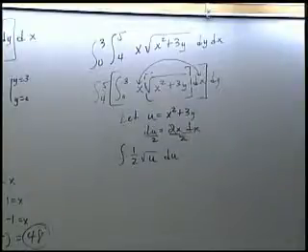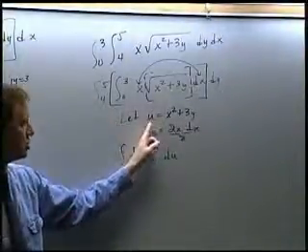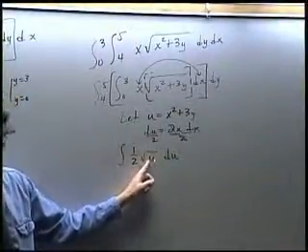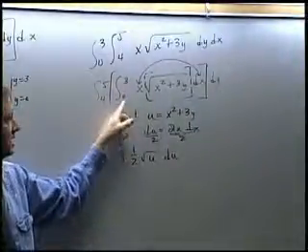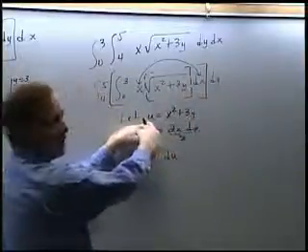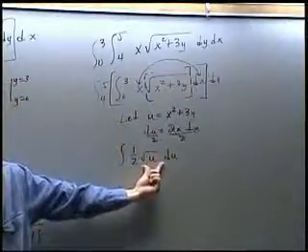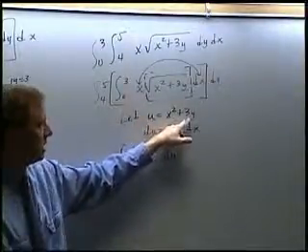Maybe a little easier way to think about it. Now, once I make a substitution to a different variable, I also have to change my boundaries. I need to take these values of x and convert them to values of u, because that's my variable in here now. So what if I take x equals 0 and sub it in here? What do I get?